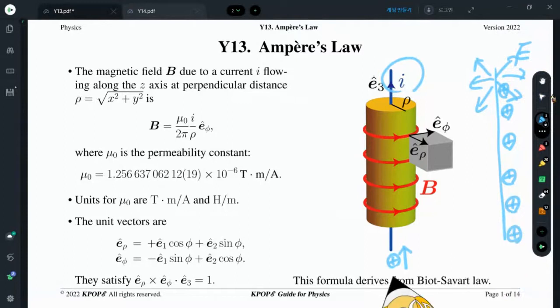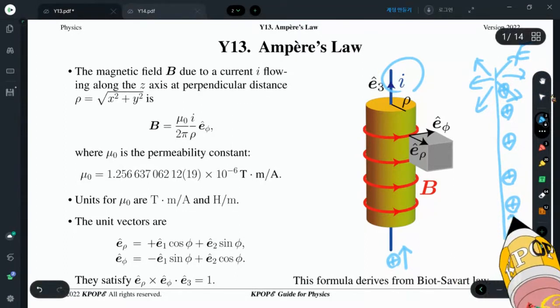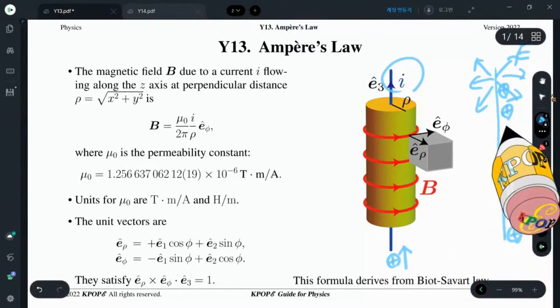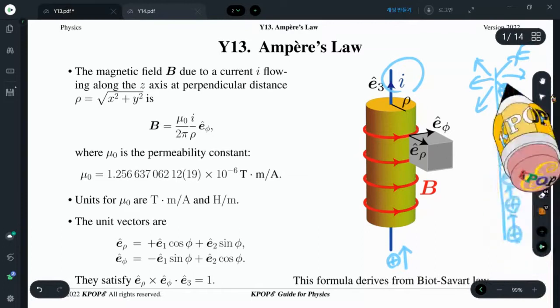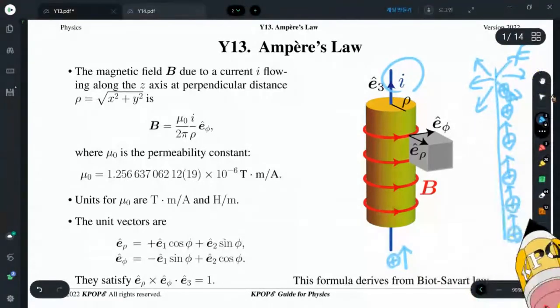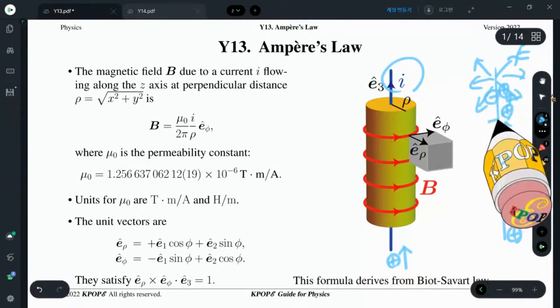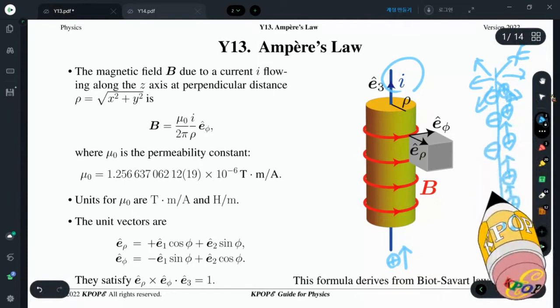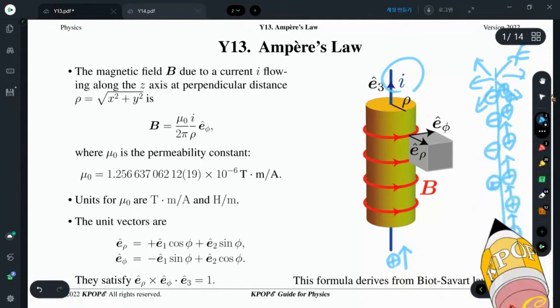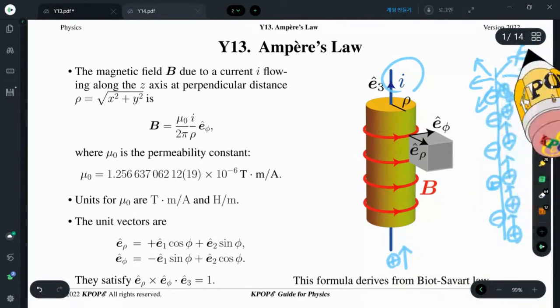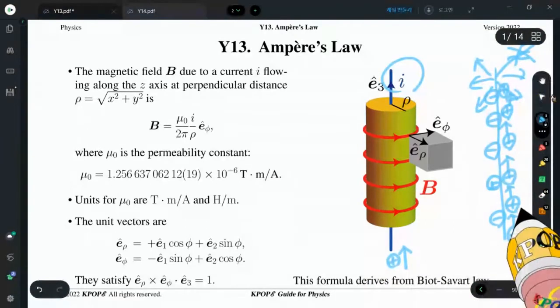However, if the charges are moving, sure, still there is an electric field because there are charges. In case we have negatively charged particles to cancel the whole amount of net charge, there is no electric field.